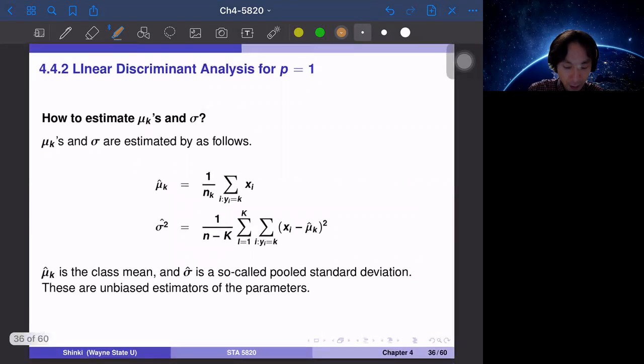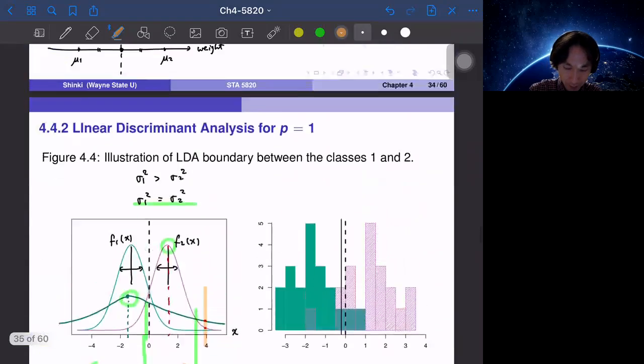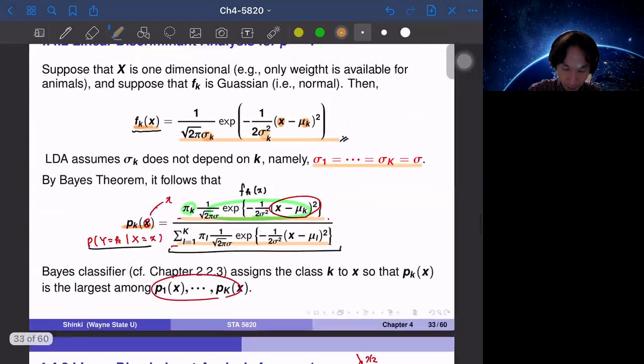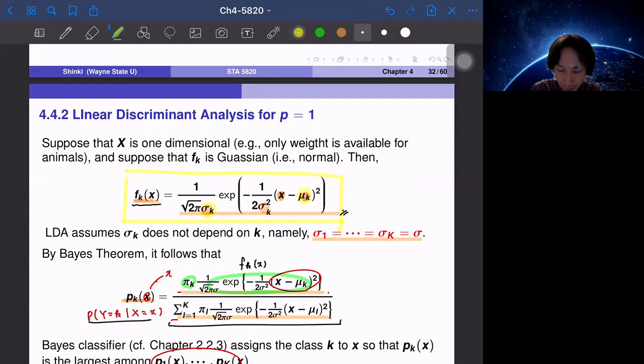Okay, so anyway, suppose we are given data. Sorry, let me go back. Linear discriminant analysis assumes this density function, and our interest is how to estimate this sigma sub k and how to estimate this mu k. Naturally, mu k is the center parameter for this distribution, so actually the sample mean is this mu k.